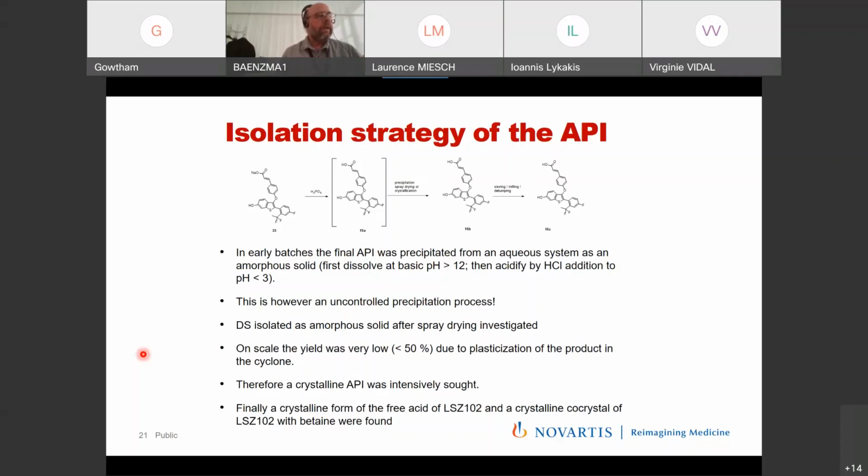However, on scale, the spray drying yield was very low, less than 50%, due to plasticization of the product in the cyclone. Therefore, a crystalline API was intensively sought. Finally, our colleagues, the particle engineers, found a crystalline form of the free acid and also a crystalline co-crystal of LSZ with betaine.